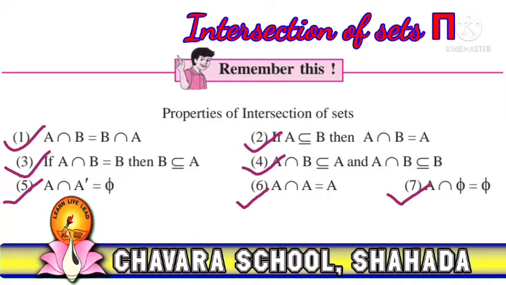A intersection B is a subset of A and A intersection B is a subset of B as well. 5. A intersection complement of A is always the empty set. 6. A intersection A is always set A. 7. A intersection empty set is always the empty set.